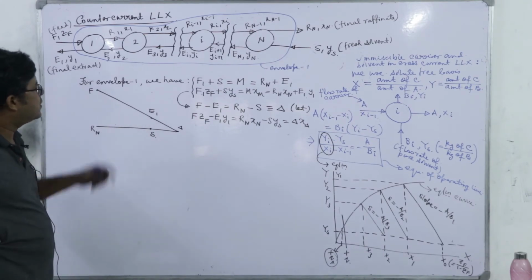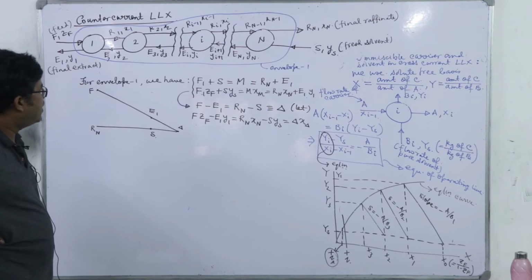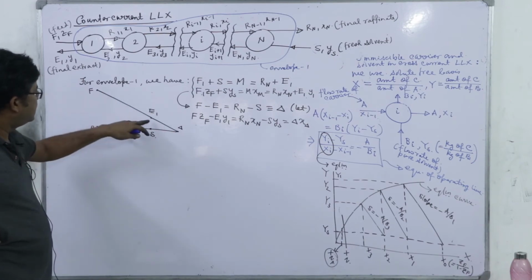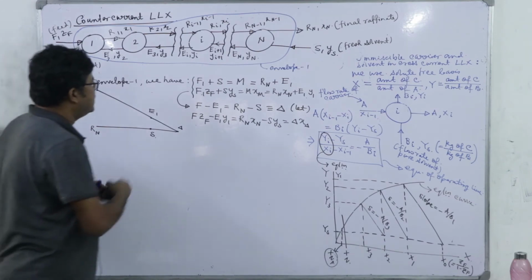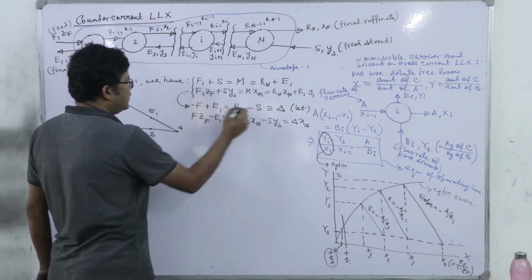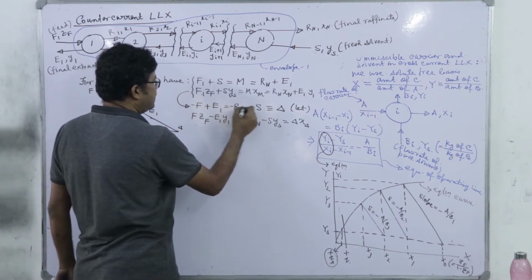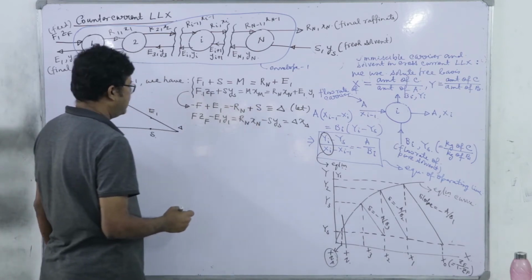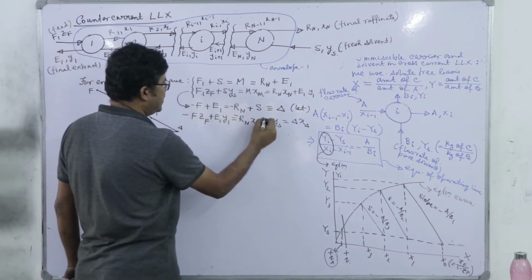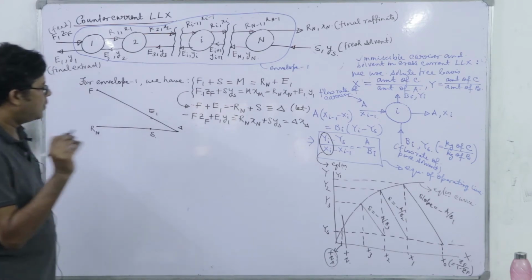So, Rn, just let me check, E1 plus delta, or alternatively we can write this is minus, this is plus, and this is minus, this is plus, and this is minus plus, and this is minus plus. Okay. Why am I changing it?